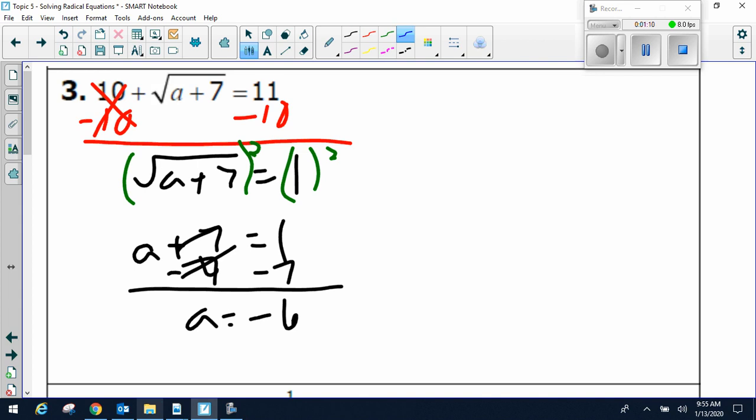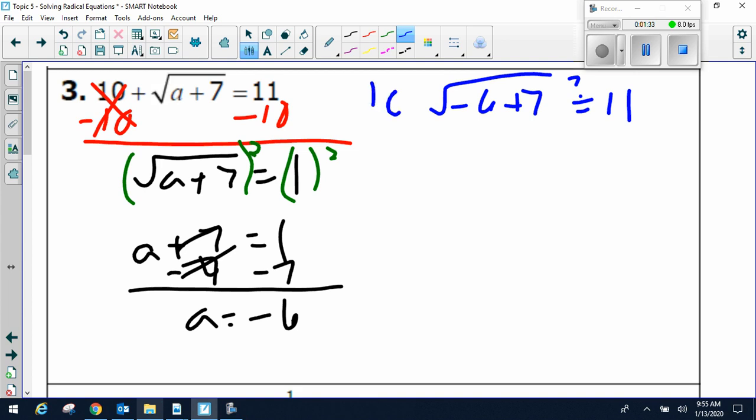So when I check this for extraneous solutions, you got to plug it back in. So -6 plus 7, and your question is, does that equal 11?